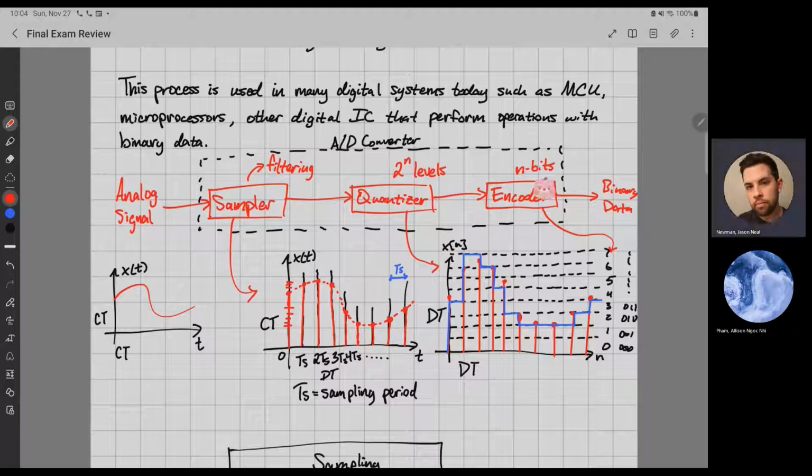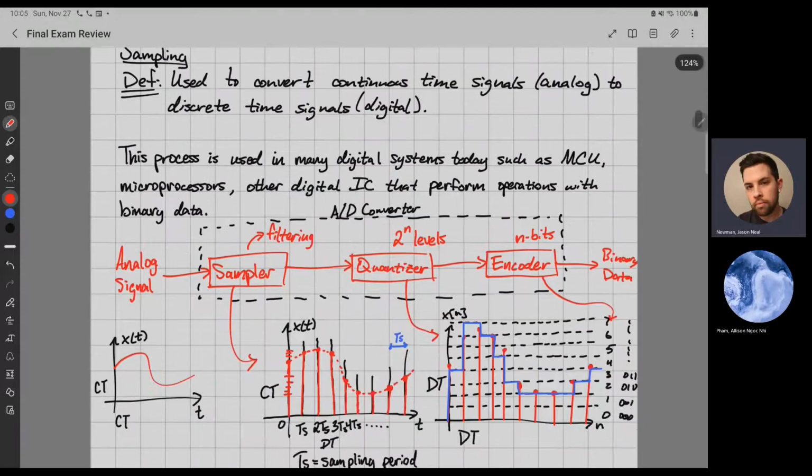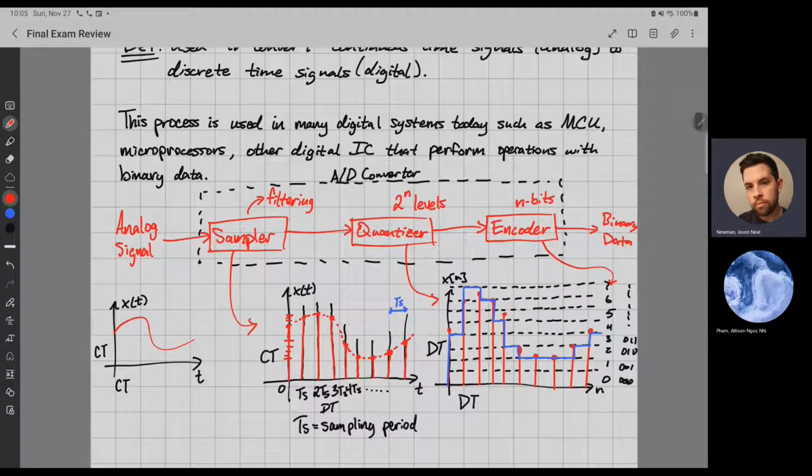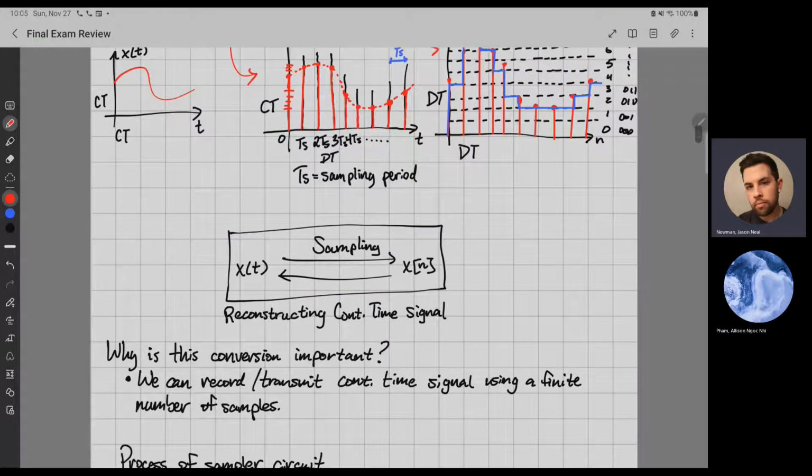So n bits just means however many bits you want your analog to digital converter to be. So hopefully this was helpful. I just kind of wanted to briefly go over this process because I know this is kind of a lot, but maybe this shines a little bit of light on what's actually happening in that process. So let's move on.